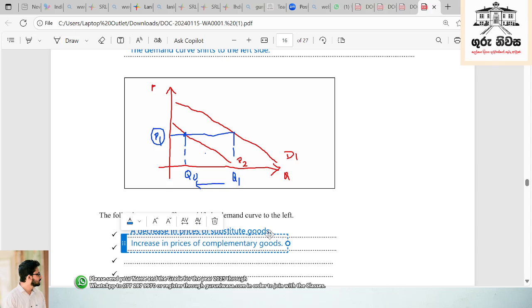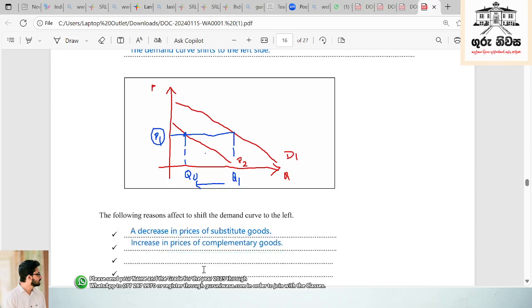Assume my concerned product is vehicles. Now petrol prices are so expensive. Petrol and vehicles are complementary goods. If petrol or fuel prices are so expensive, people won't buy more cars. It means demand for cars will reduce, forcing the demand curve to shift left.